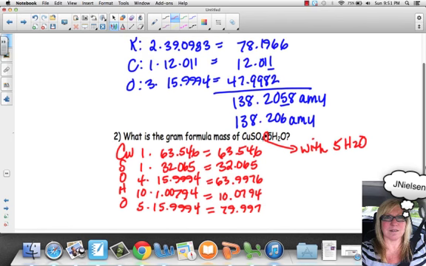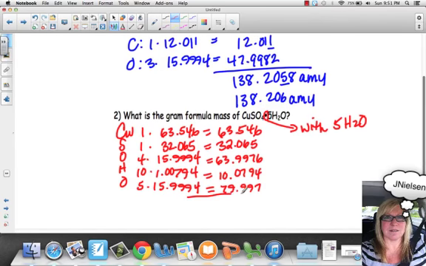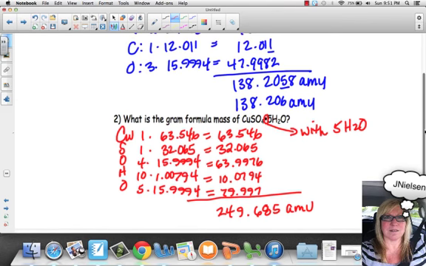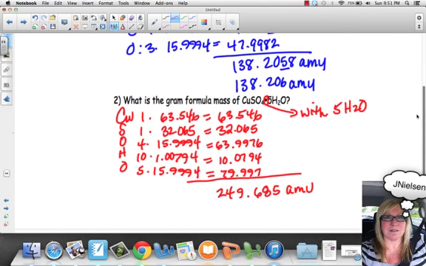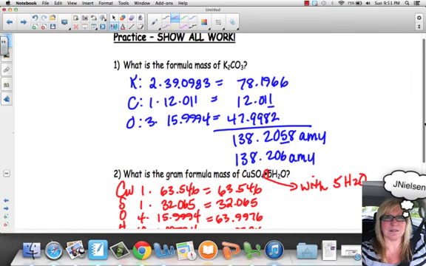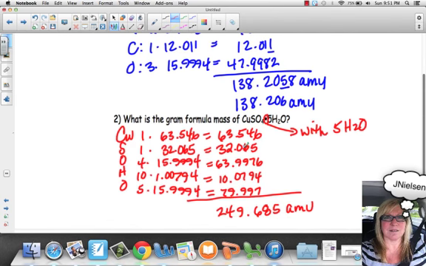So then we have to sum these, and it gives us a grand total of 249.685 AMU. Oh, sorry, not AMU. This is going to be grams because it's asking for gram formula mass.